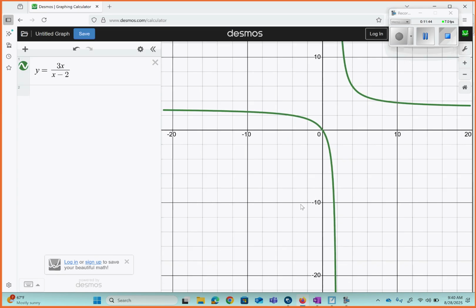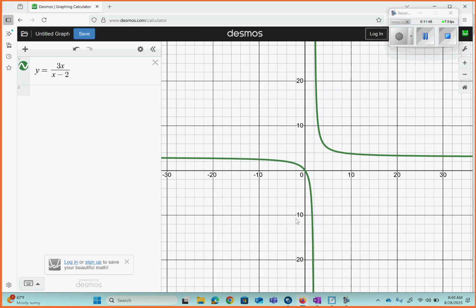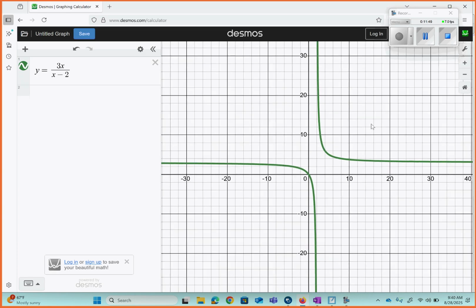Okay, so this particular graph, if you take a look at it, crosses the x-axis right there. That's where it crosses the x-axis.